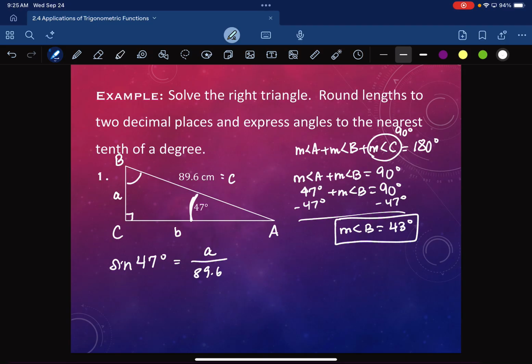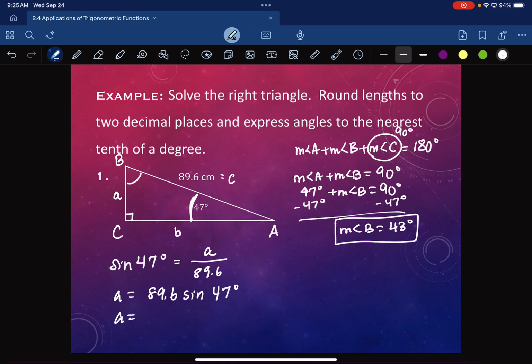That's the trig relationship that exists there. Does that make sense to everyone? Okay. And then what would I have to do to solve for A? Yeah, I'm going to have to move the 89.6 over here, and I do that with multiplication, right? So my side A would be 89.6 sine of 47 degrees.